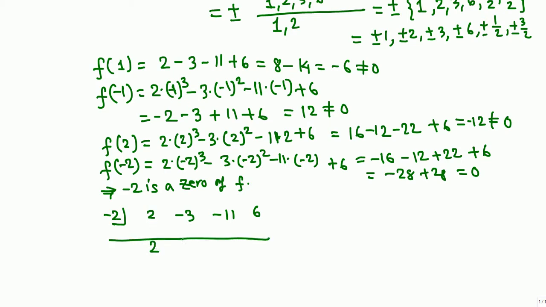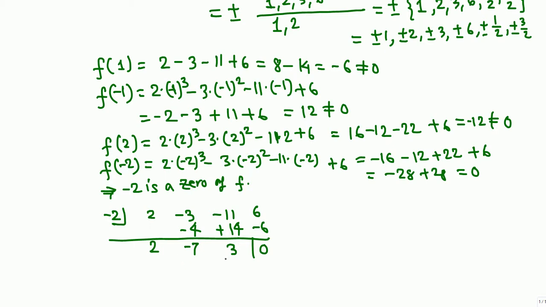Negative 2 times 2 is negative 4, we add, negative 7. Negative 2 times negative 7 is positive 14, negative 11 plus 14 is 3. Positive 3, negative 2 times 3 is negative 6, 0. That's what we had here. We were supposed to get this 0 because negative 2 is a root of the polynomial.